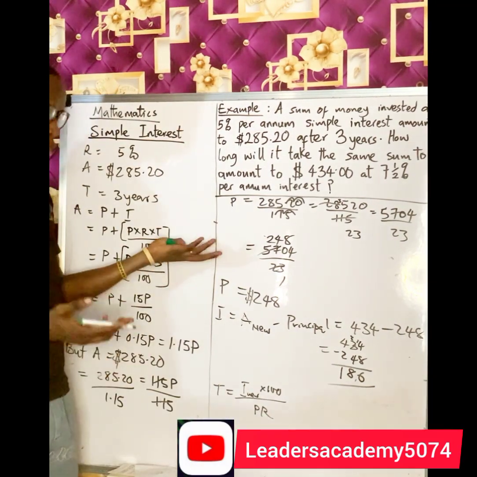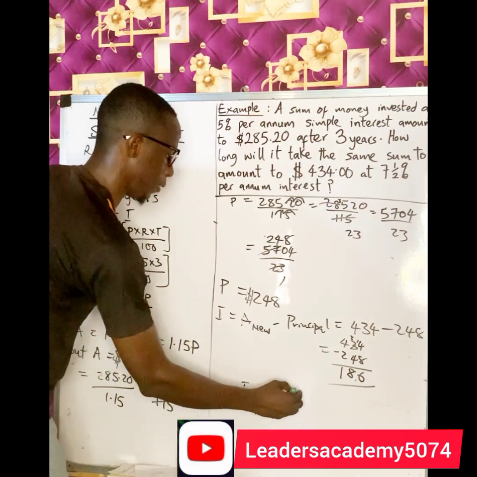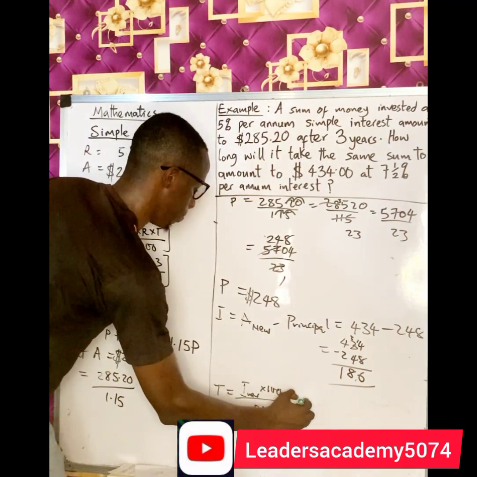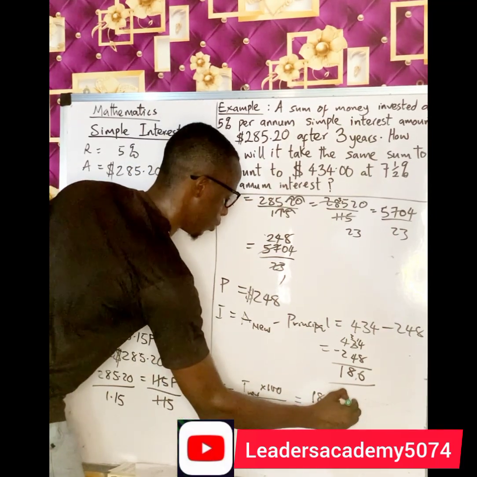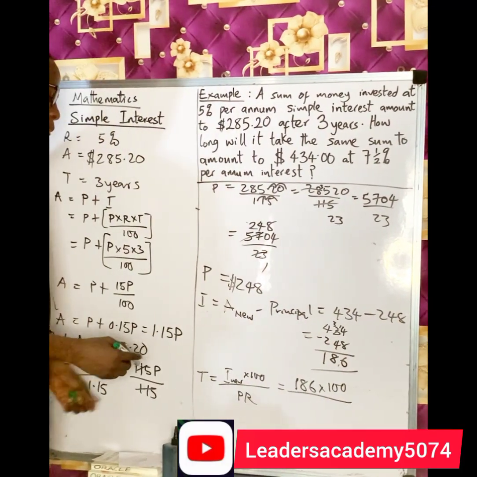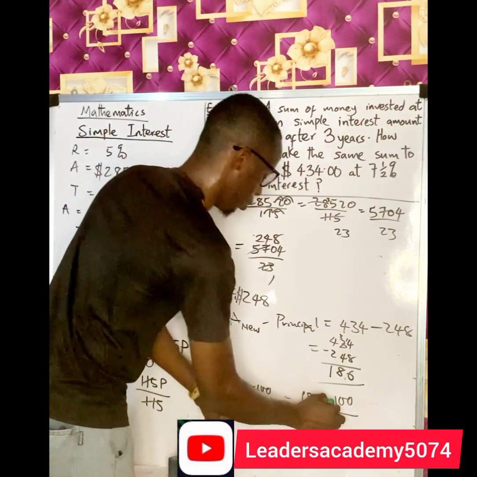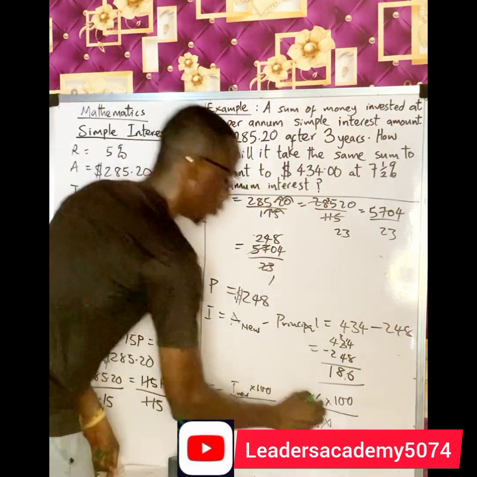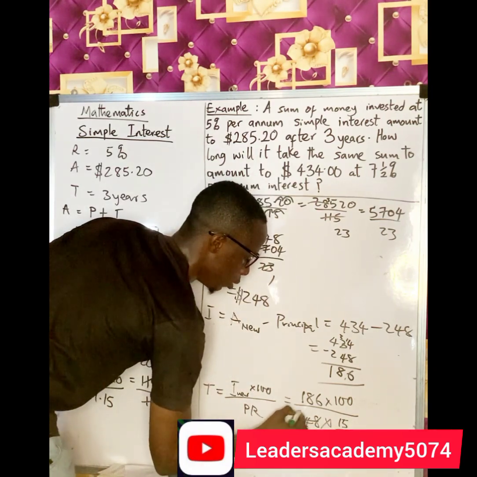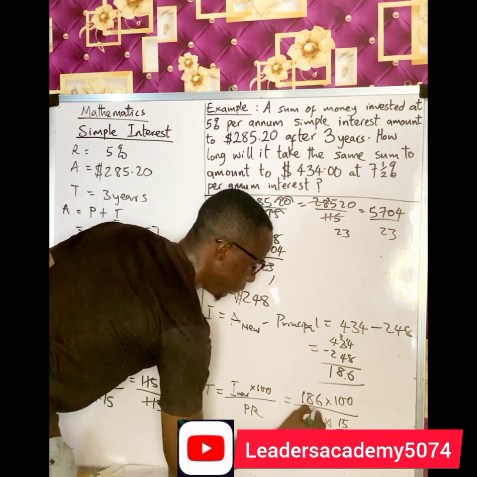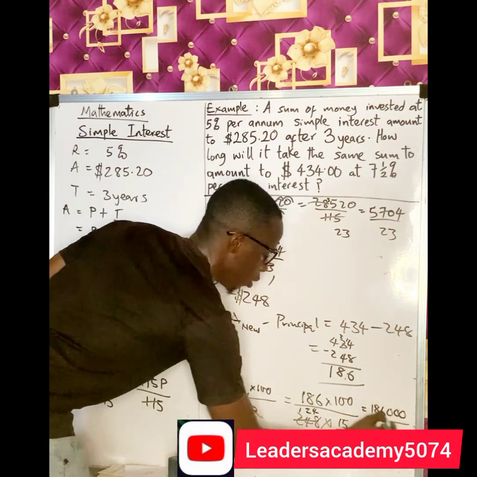I'm using I new because it is the new interest, not the other interest that we used earlier. So I new was 186 times 100 all over the principal, 248, times rate, which is 5 over... 2 into 248 is 124. This is 18600 over 124 times 5.